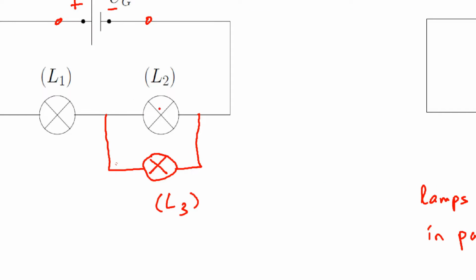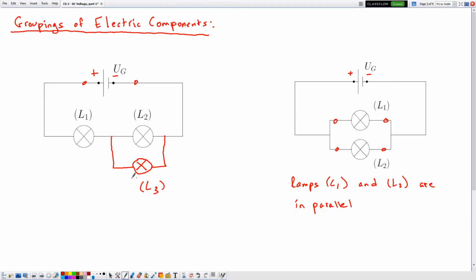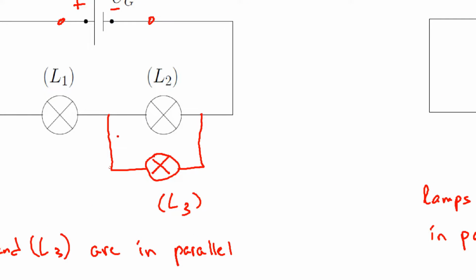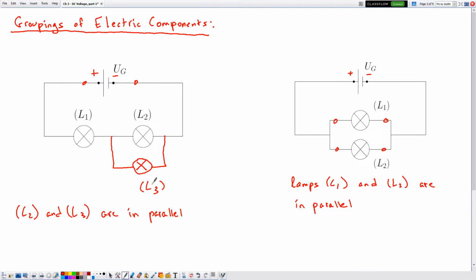Now the lamps L2 and L3 are said to be in parallel, because they have two terminals in common. This is the first terminal of the lamp L2, which is connected to the first terminal of the lamp L3, and the second terminal of the lamp L2 is connected to the other terminal of the lamp L3. Therefore, the lamps L2 and L3 are in parallel.